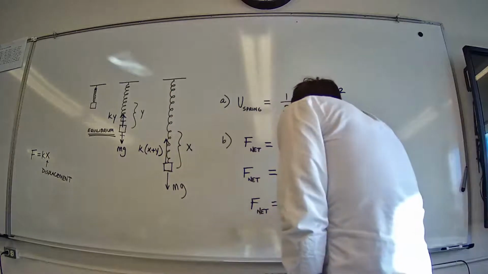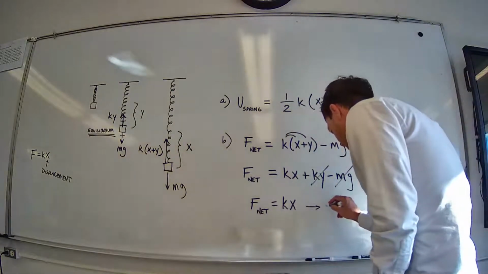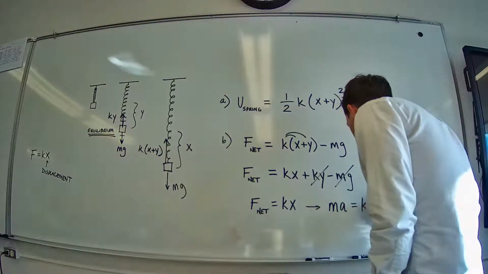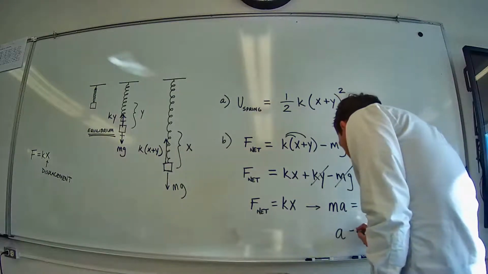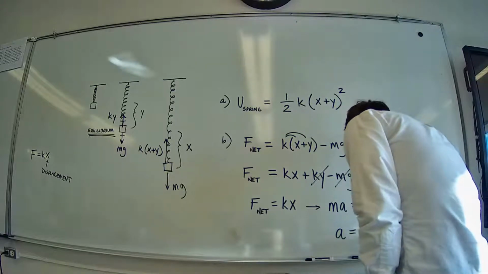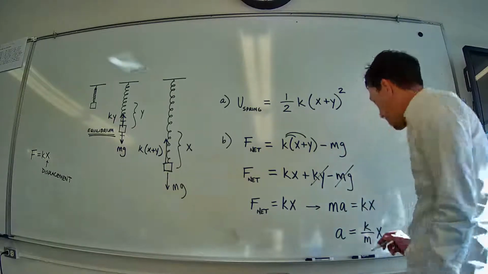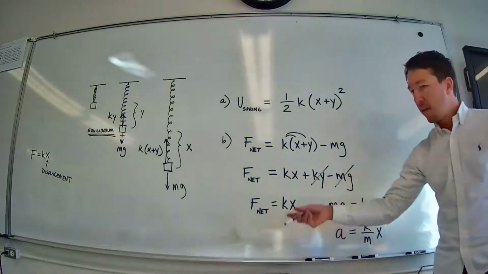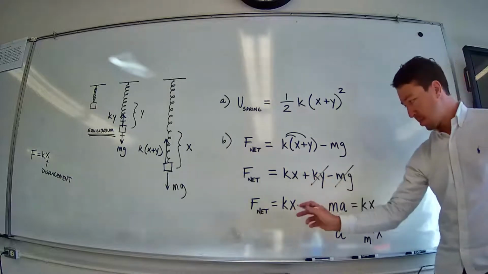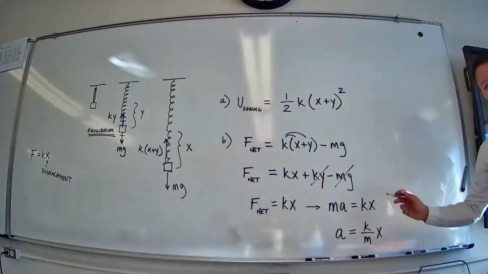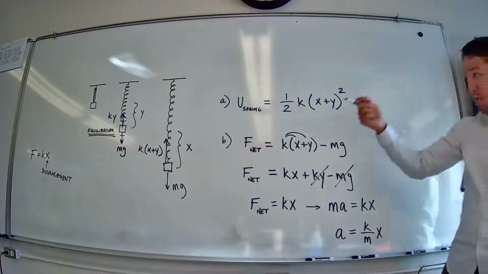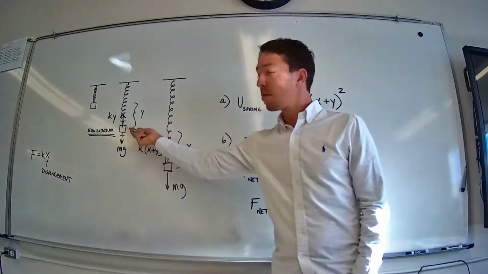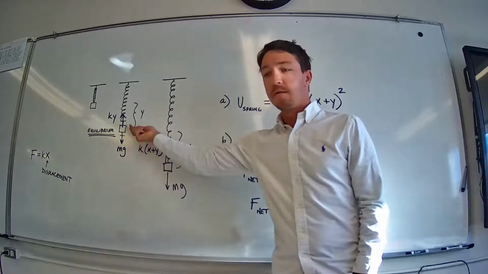So what does this tell us about the acceleration? F net is ma. You're telling me the net force at that initial state is the same as before. And since the block is traveling from this state into equilibrium, what's the net force here? 0.